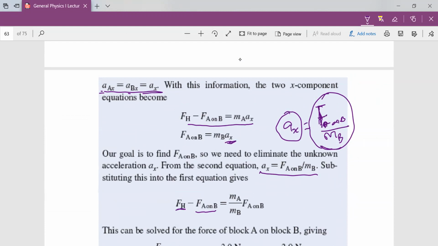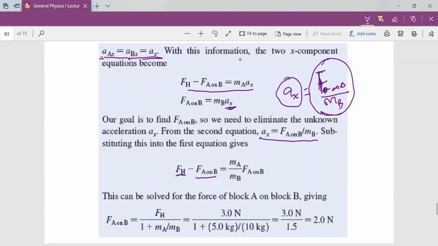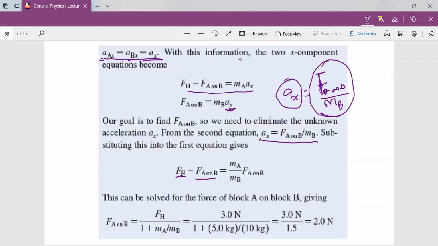From this, our acceleration is FA on B over MB. MA is already existing there, so we just added this to give us MA over MB. This is the force we are asked to look for.